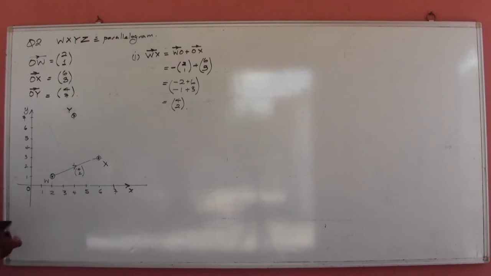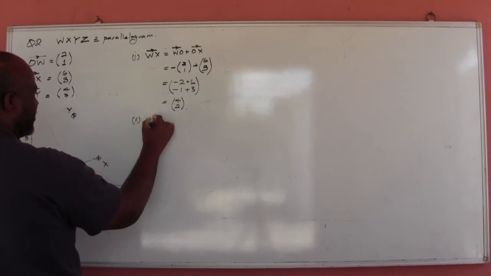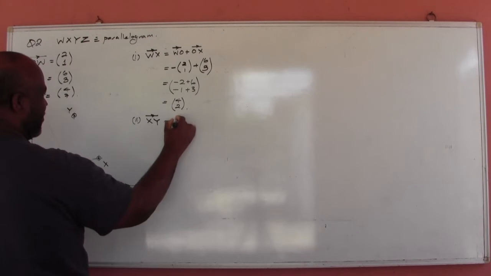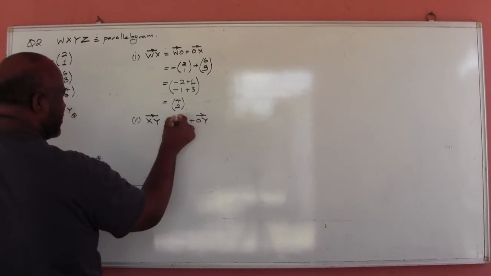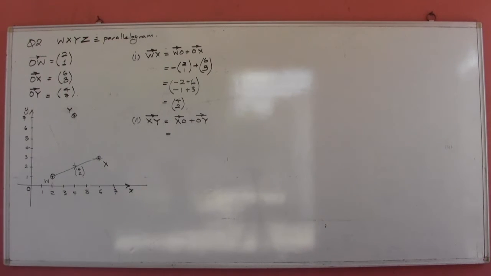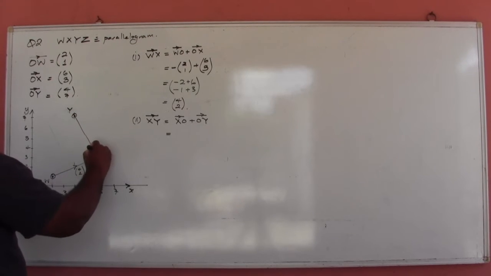Then we're asked to find the vector XY. Again using the triangle law of vectors, the vector XY would be XO plus OY. And this is XY, so that would be this vector here.